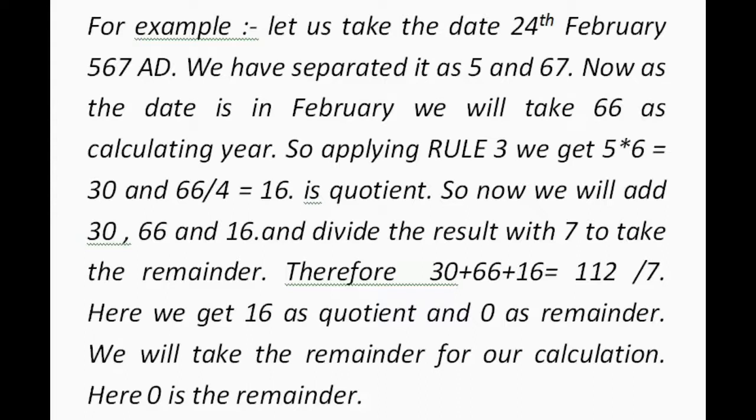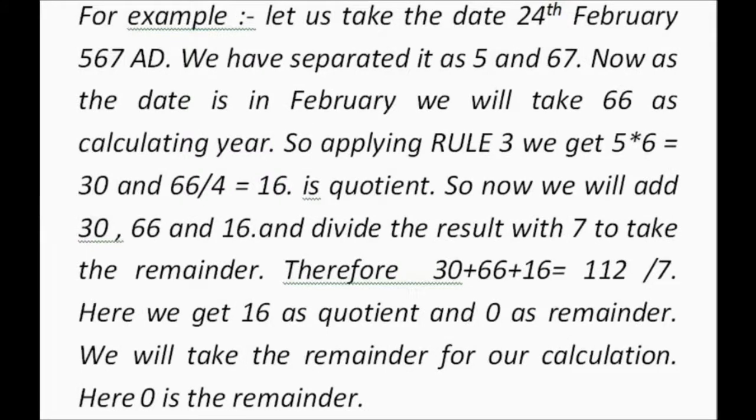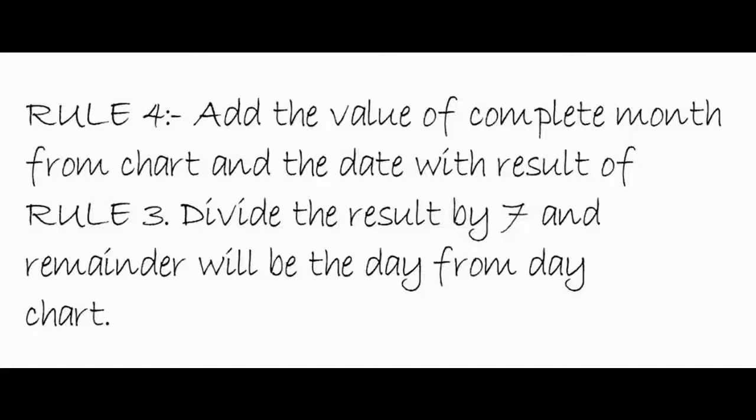So now we will add 30, 66 and 16 and divide the result by 7 to take the remainder. Therefore 30 plus 66 plus 16 equals 112, divided by 7. Here we get 16 as quotient and 0 as remainder. We will take the remainder for our calculation. Here 0 is the remainder.